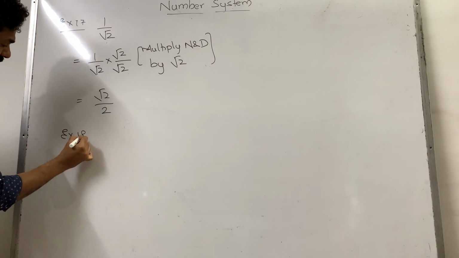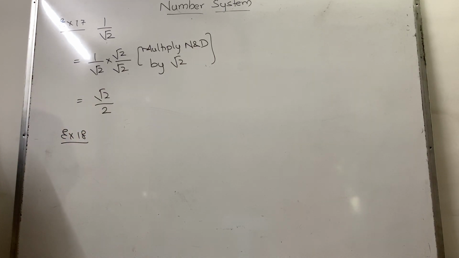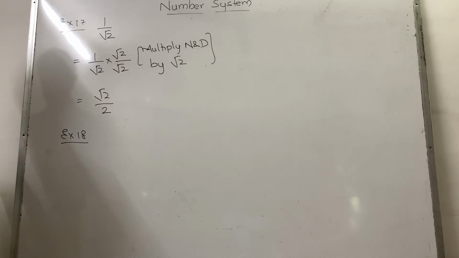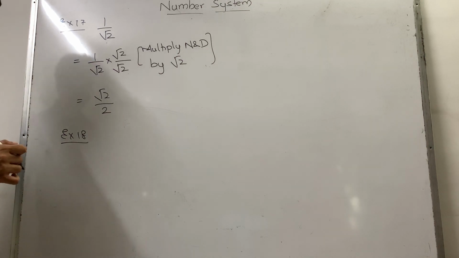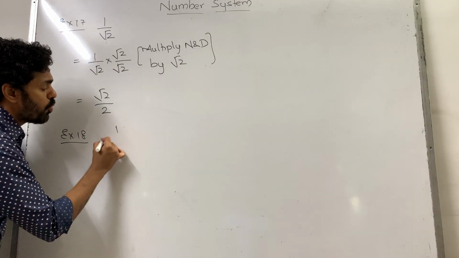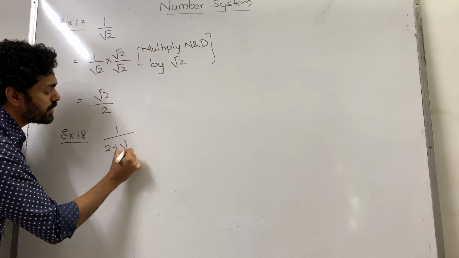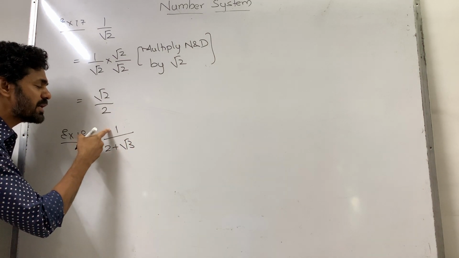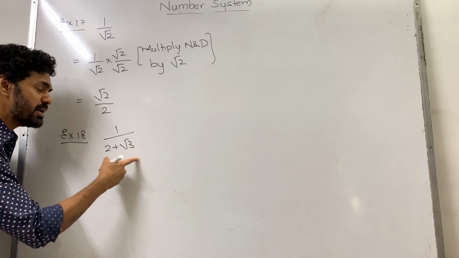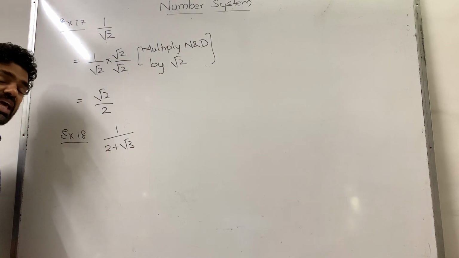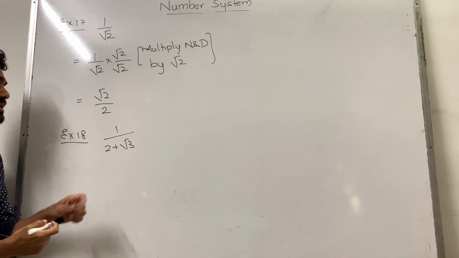Now let's take example 18. In example 18, they have given us 1 by (2 plus root 3). Again you observe that numerator is rational but the denominator is irrational. And they have asked us to make the denominator rational.